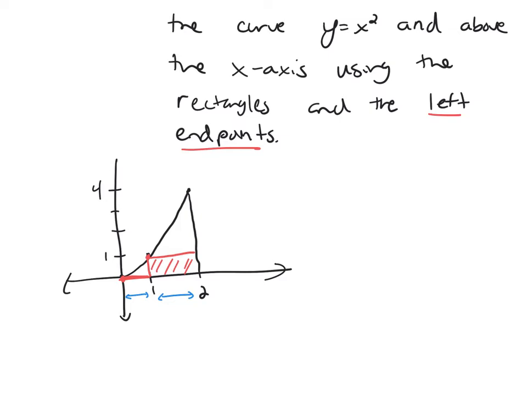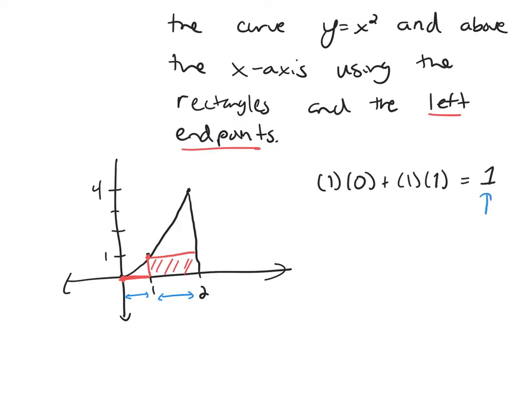And we're going to add up the areas of these rectangles. So the first one, the width is 1 and the height is 0. The second one, the width is 1 and the height is 1. So here you're getting 1. And that's my approximation for the area under the curve here.